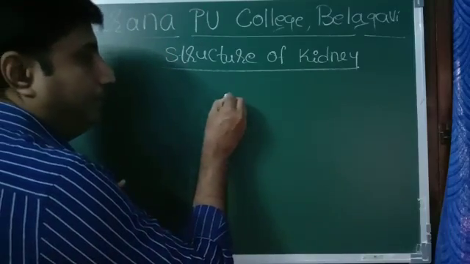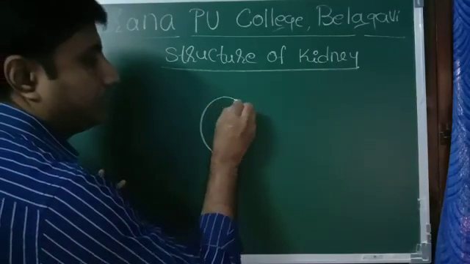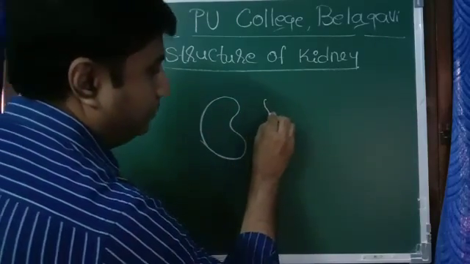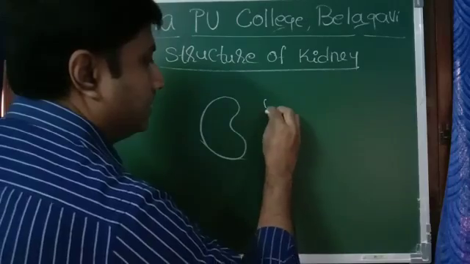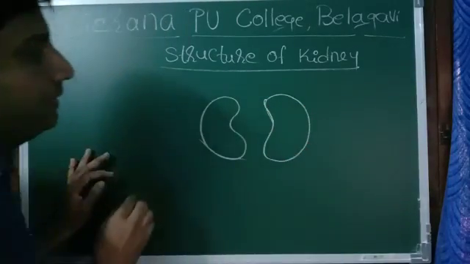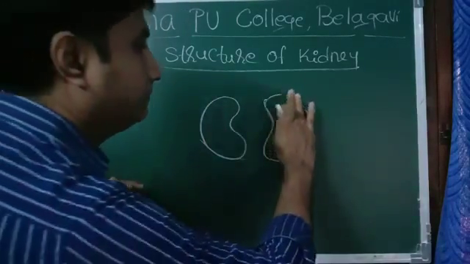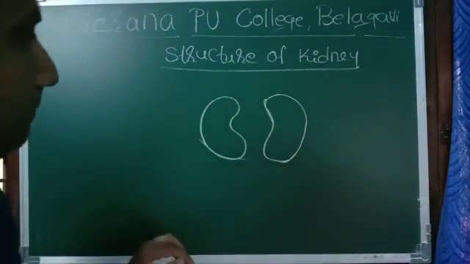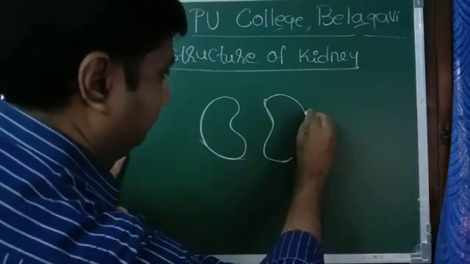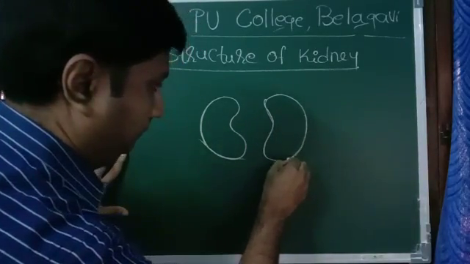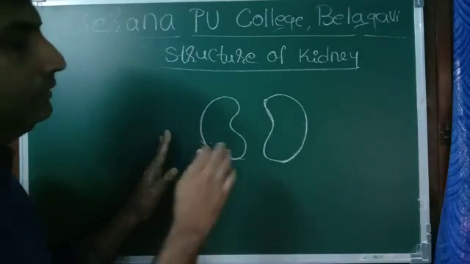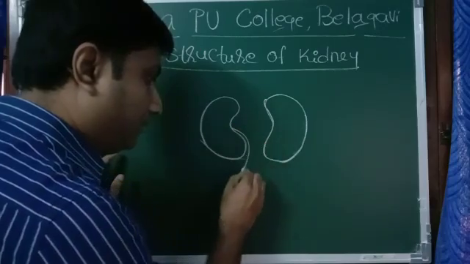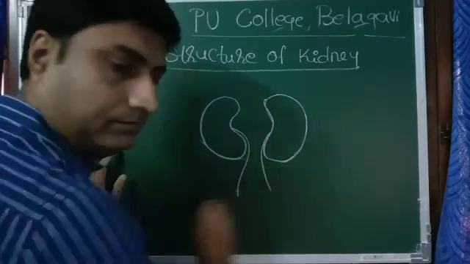It is bean shaped, somewhat like this. You can imagine somewhat like this. Such two kidneys we have. And from the kidney, a tube comes down like this.